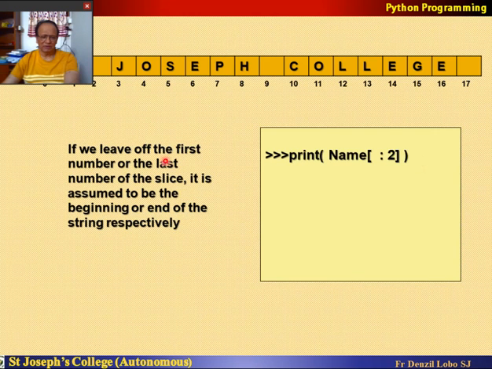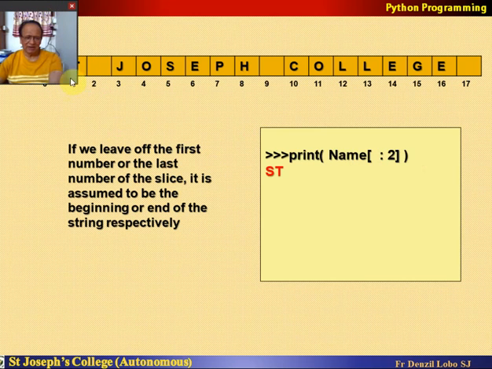So let us see now. If we leave off the index, name with the index blank and colon 2, it starts from the beginning. So it is going to print ST. As you see here, ST, 2 means 2 minus 1, that is 0 and 1.